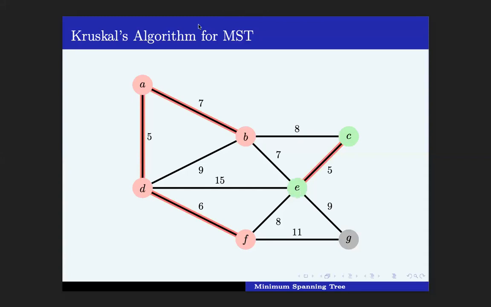We will maintain an array where the vertices are numbered from suppose 0 to n minus 1. And suppose when edge A and B is included, then visited of A is equals to 1 and visited of B equals to 1. This we can keep. Okay, good.